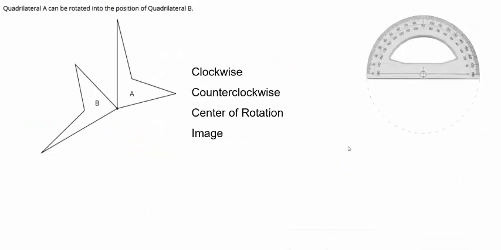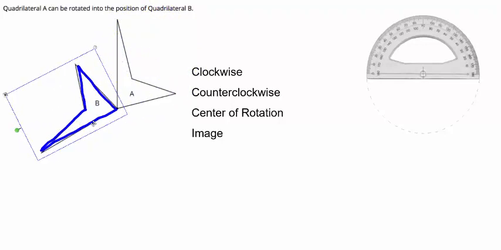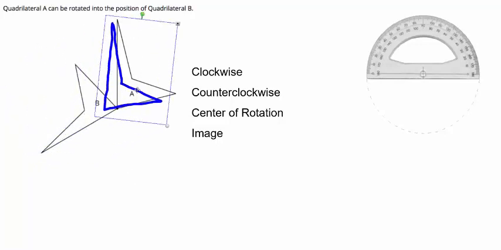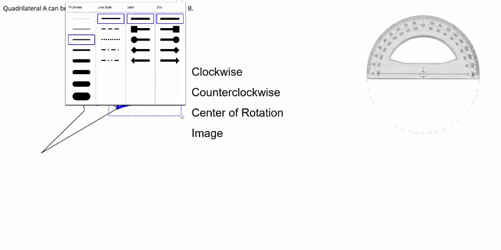Okay, so let's talk about that warm-up. It says quadrilateral A can be rotated into the position of quadrilateral B. So if we take this quadrilateral A and we trace it, it can be rotated onto quadrilateral B. One thing we want to note is that it's rotating around a specific point.